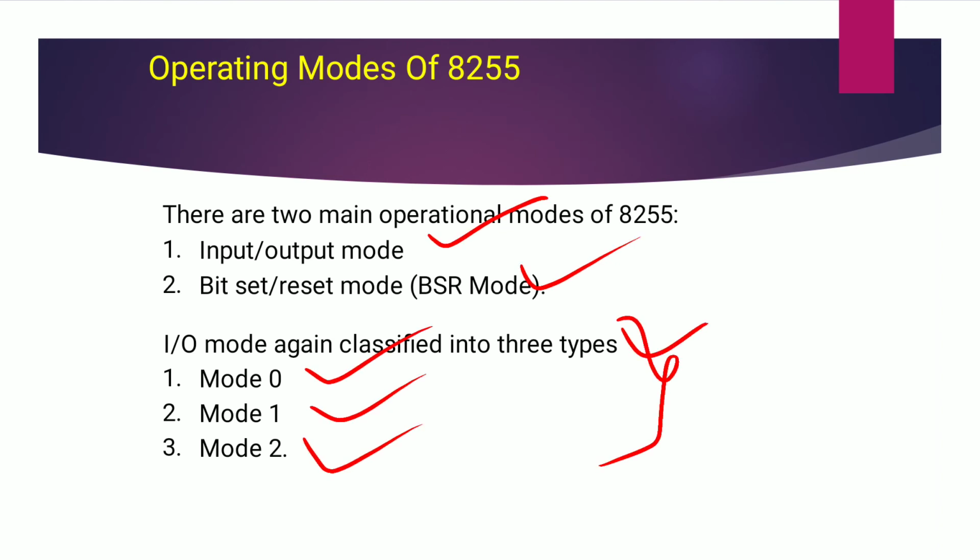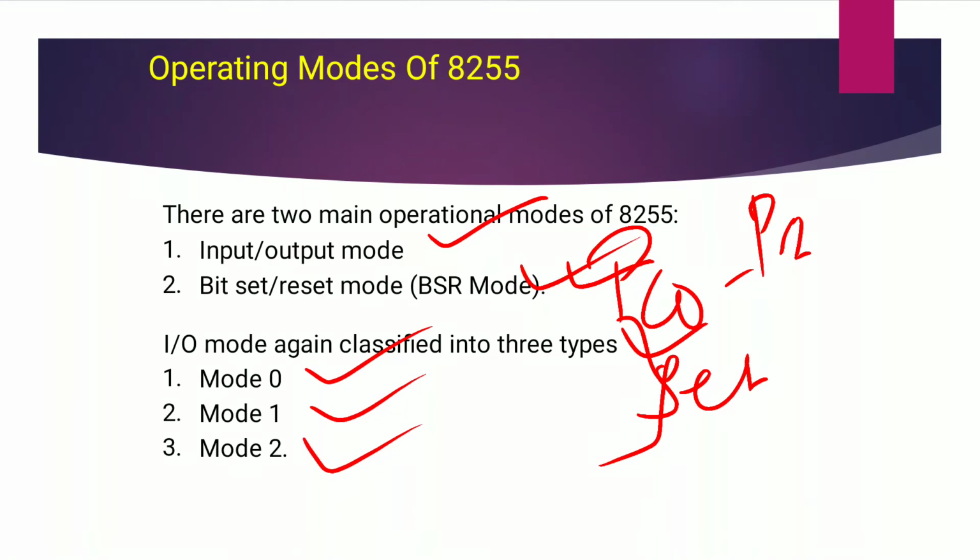In IO mode, the 8255 ports work as programmable IO ports, while in BSR mode, only port C, that is PC0 to PC7, can be used to set or reset its individual port bits.